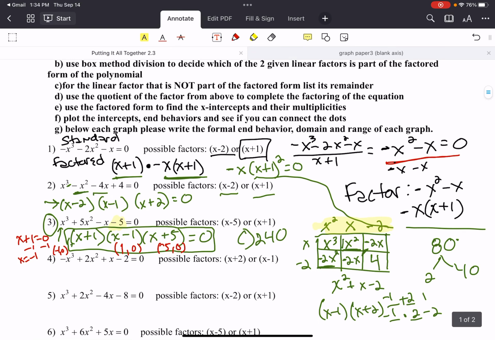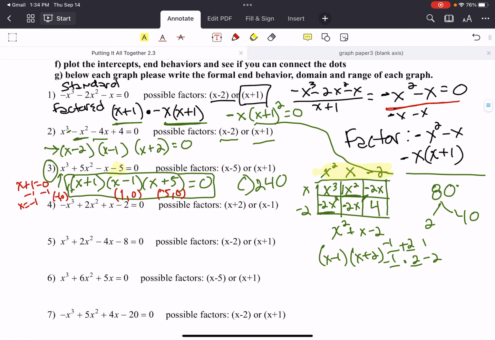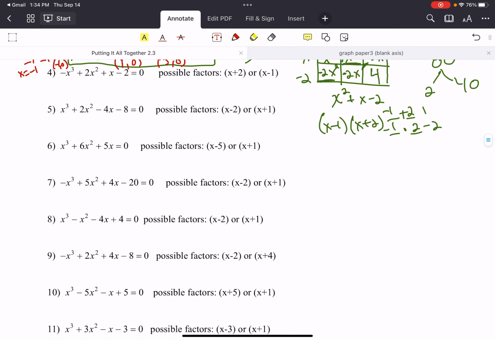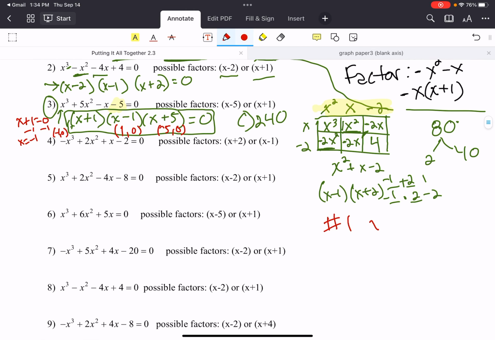So on number 1, when I divided the 2 things, you ended up with the one that had no remainder being this one, right? Then once I did that division, I ended up with a quotient that factored, so my quadratic quotient was here.